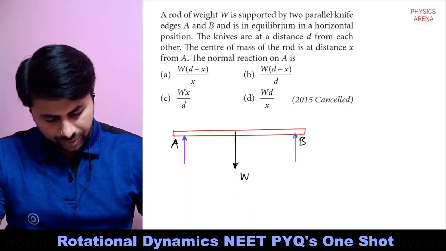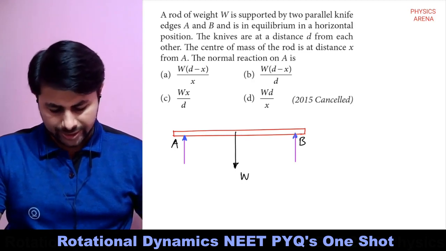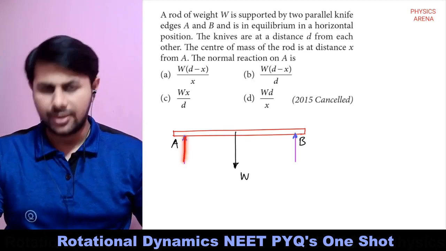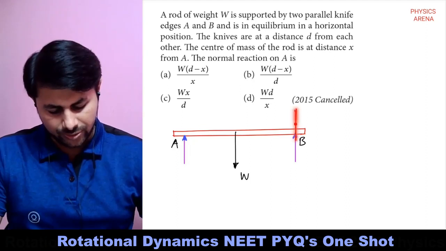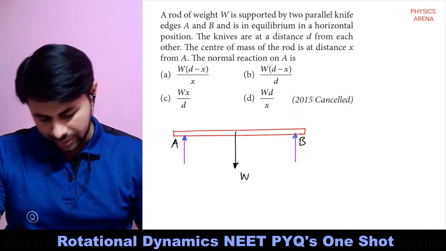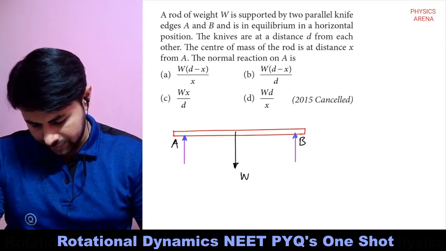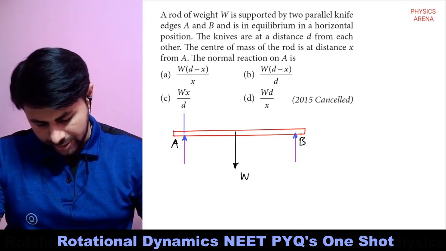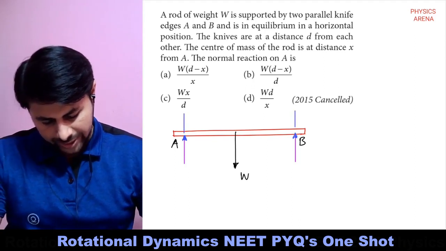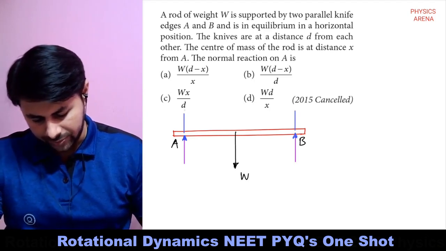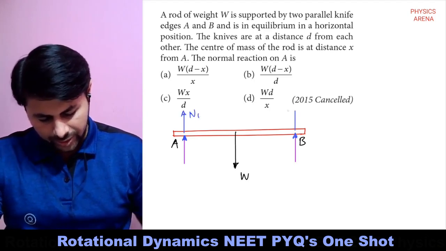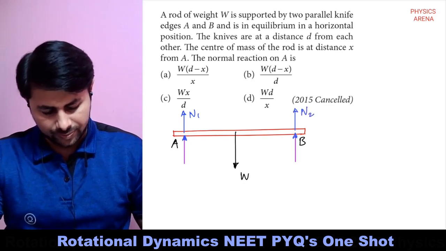Let's suppose the normal reaction due to the first one is N1, and the normal reaction due to the second one is N2. This is N1, this is N2.